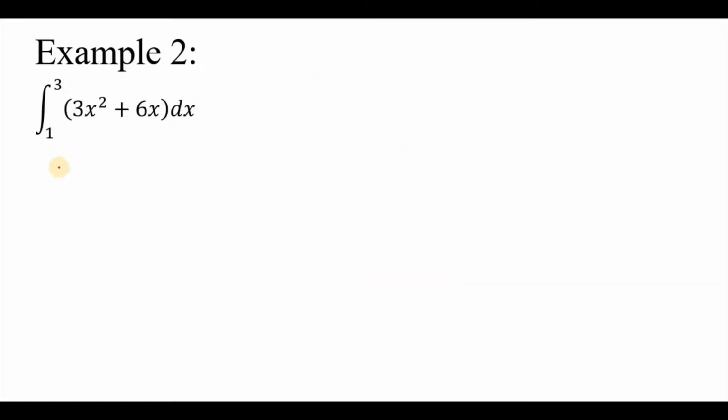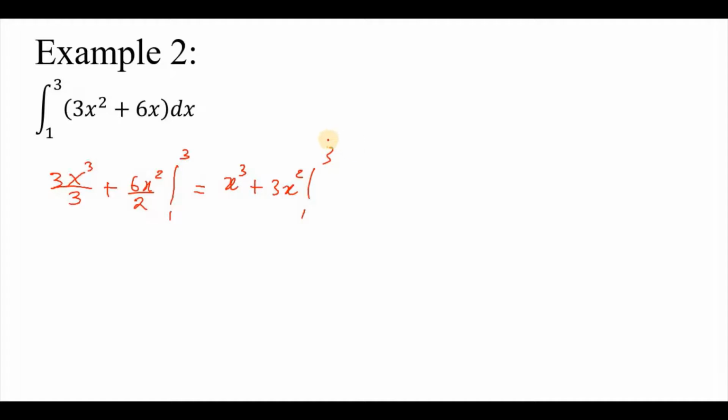To find that, we're going to integrate as usual. So the integration of the first part is 3x to the 3rd power divided by 3, plus 6x squared divided by 2, and now we need to evaluate it from 1 to 3. So we're not going to add the constant because this is a definite integral. This is basically equal to x to the 3rd power plus 3x squared from 1 to 3.